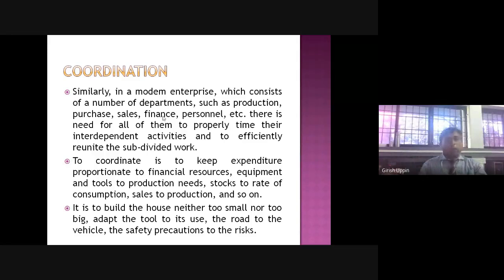For example, the production team. What is the goal of the production team? The production team wants to achieve the highest productivity, right? In order to achieve the highest productivity, the machineries which are used should be in proper condition. They should be working well, they should not fail, right? And the maintenance team, what is the job of the maintenance team?